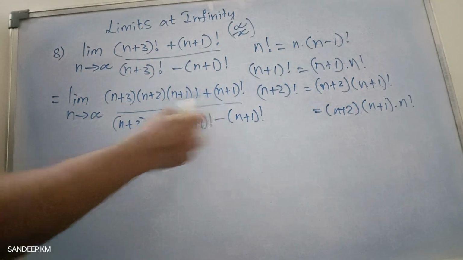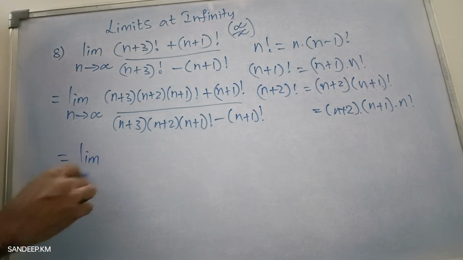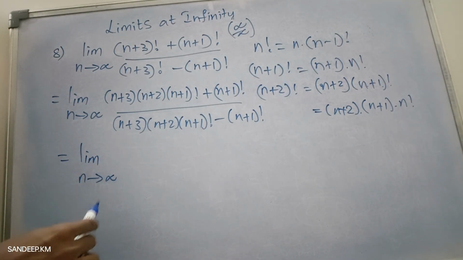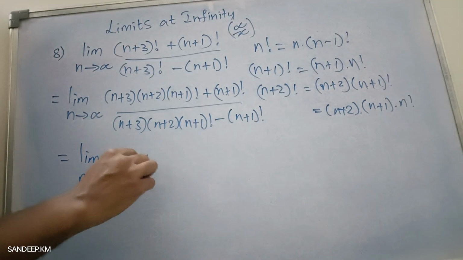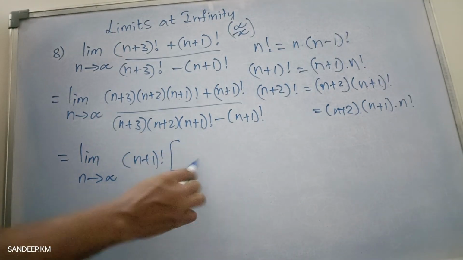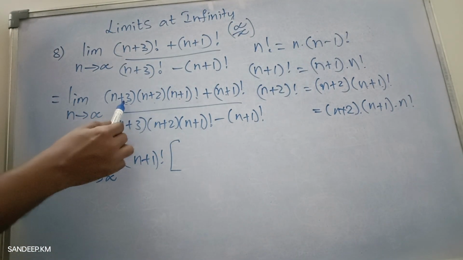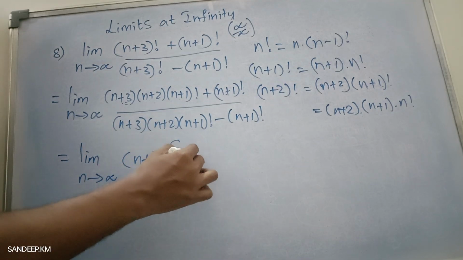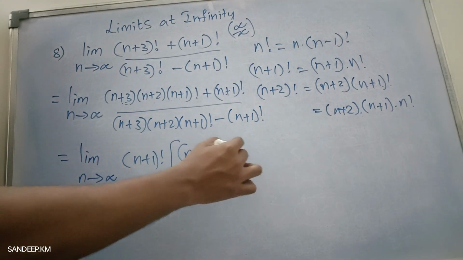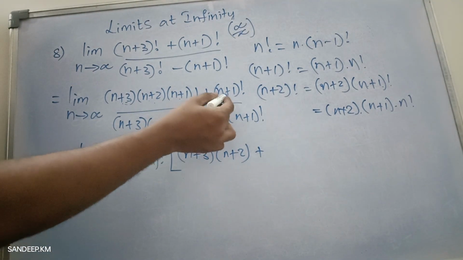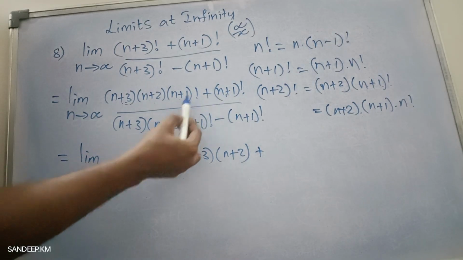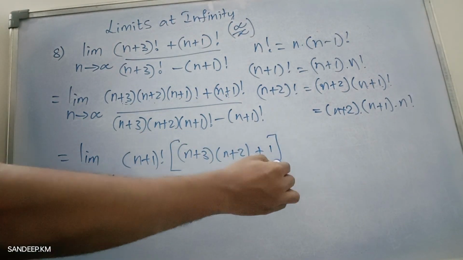Now what can I take common in the numerator? That's important. What can I take common in the numerator? (n plus 1)! can be taken common in the numerator into what is remaining in the first term? (n plus 3) into (n plus 2). Okay, (n plus 3) into (n plus 2) plus, I took (n plus 1)! common, now here and here. We still have plus 1 here.